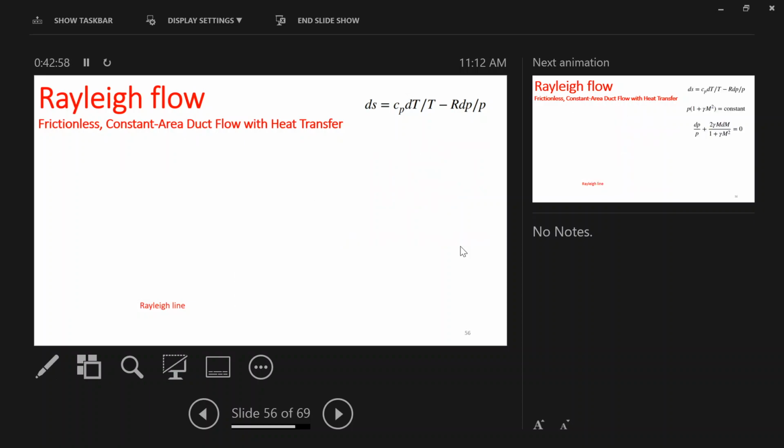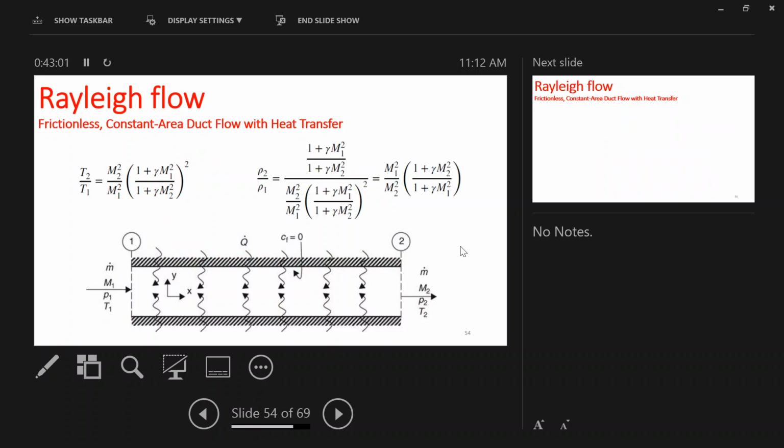Let me actually explain it on the PowerPoint here. So the idea is, in that T-S diagram, let's say you're starting with a subsonic Mach number. You are heating this up, your temperature is increasing. At some point the change of temperature with respect to entropy becomes zero, and afterwards your entropy increases, but the respective temperature for that specific entropy is going to be lower.